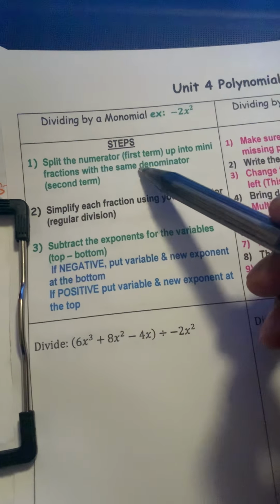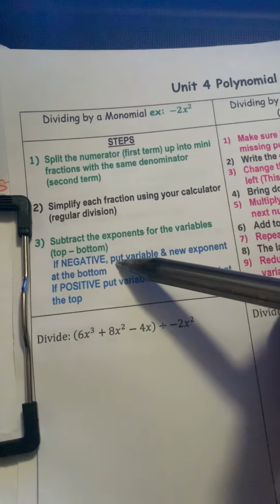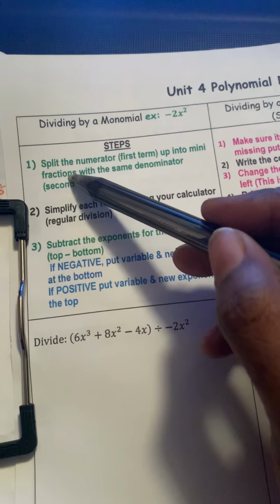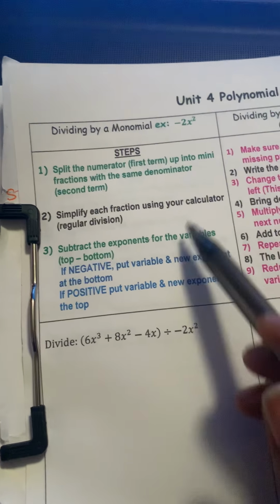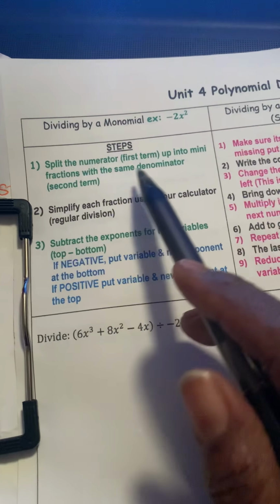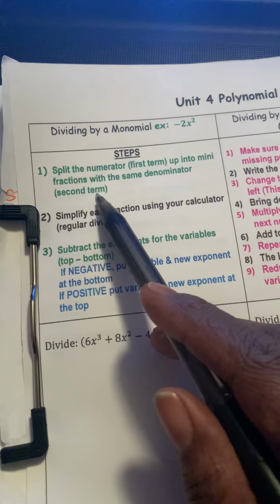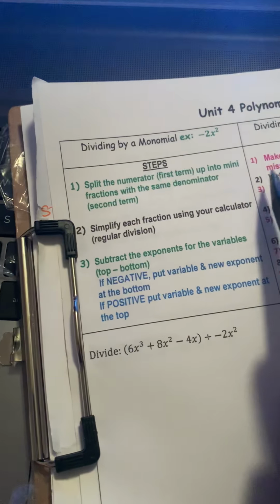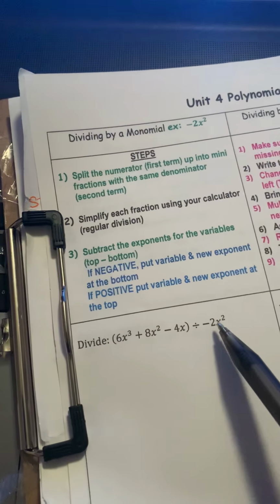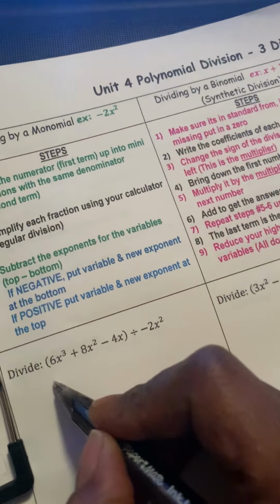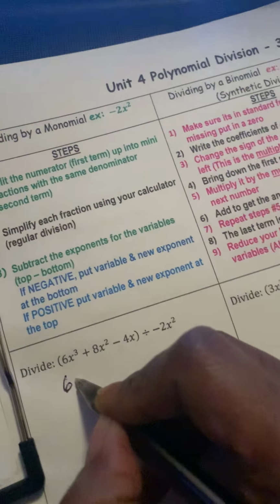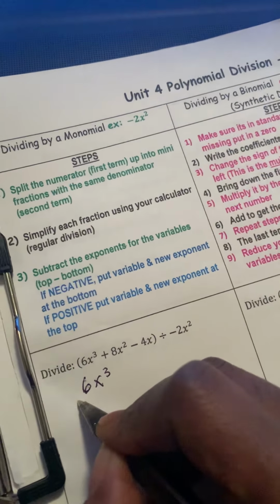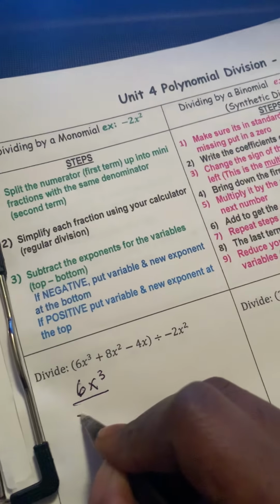So these require you to do mainly 3 steps. Split the numerator, which is the first term, up into many fractions, and we're going to put the same denominator at the bottom. The denominator is the second term, which is the monomial. So I'm going to write 6x cubed over this same denominator.